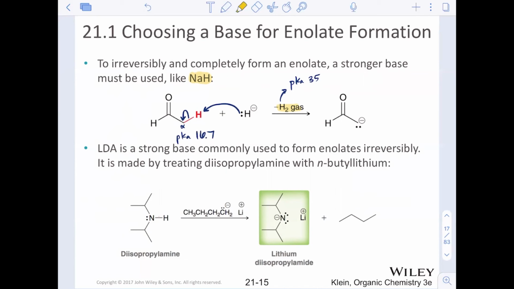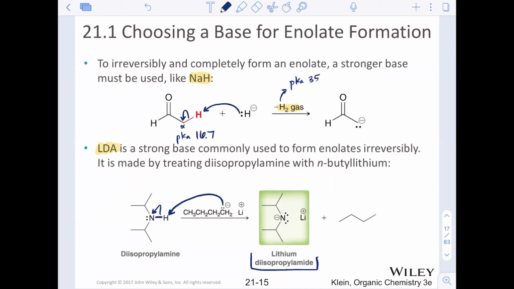LDA, lithium diisopropylamide, is also really, really good. Now, how LDA is formed is by treatment of diisopropylamine. This proton right here gets deprotonated with butyl lithium. And this beautiful LDA structure is what can go into reactions as a very strong base.